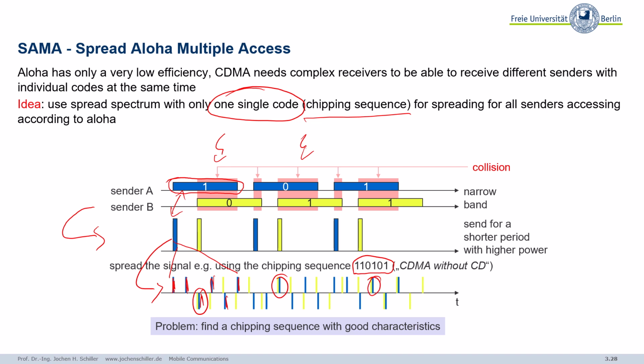But this hits only a single chip. And using forward error correction, we can recreate the original data. So statistically, the chances of a collision are way lower compared to sending the bits as they are. So yes, you have to find a good chipping sequence, but that's basically CDMA technology without the CD.